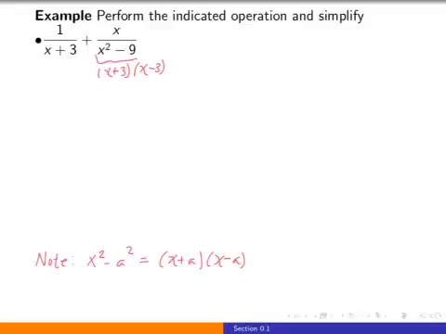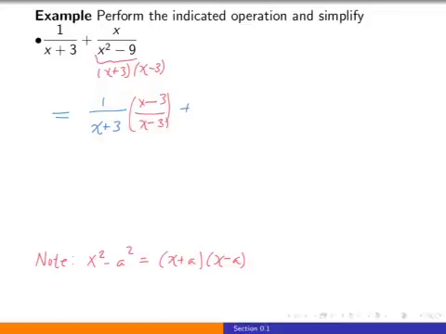So if we would like to get a common denominator, we can take the first term and multiply it by x plus 3 over x plus 3. Or excuse me, we can multiply that by x minus 3 over x minus 3.